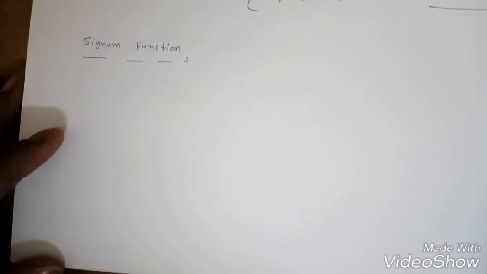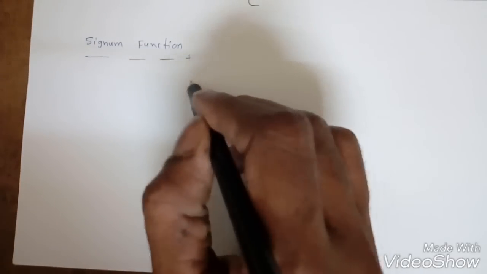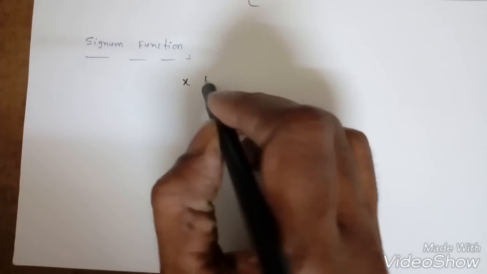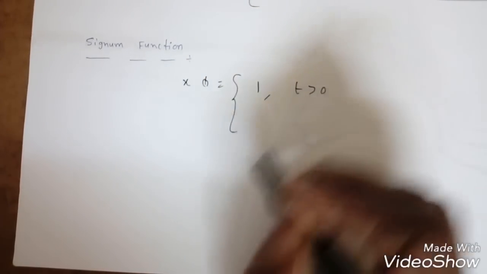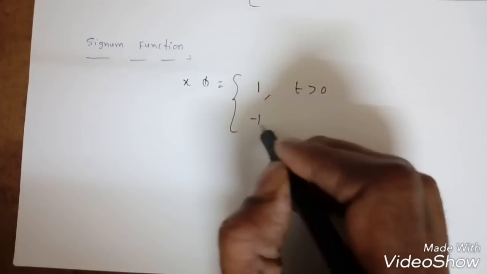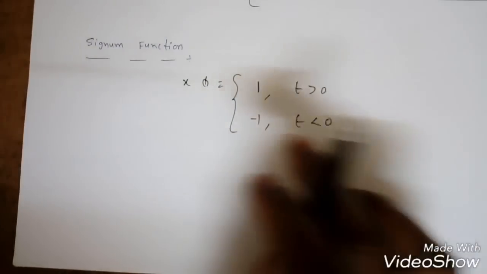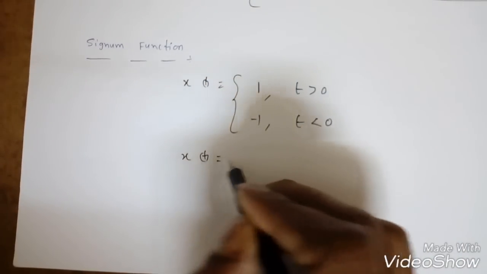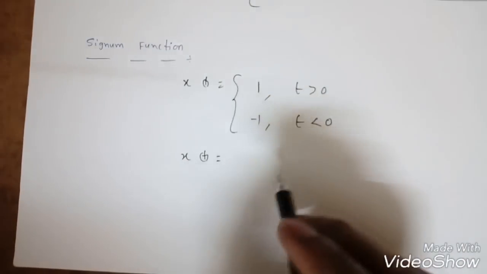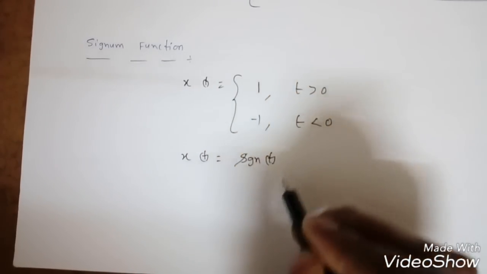Next, a very important signal, the signum function. It can be represented as x of t equals 1 when t is greater than 0, and minus 1 when t is less than 0. Generally the signum function is denoted by sgn of t.